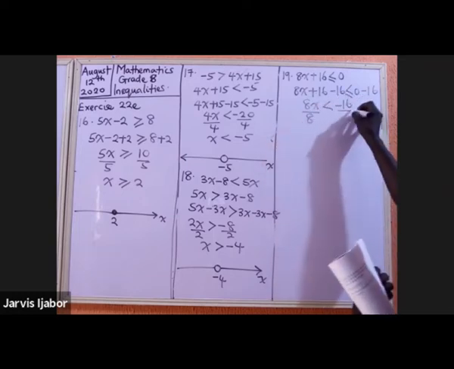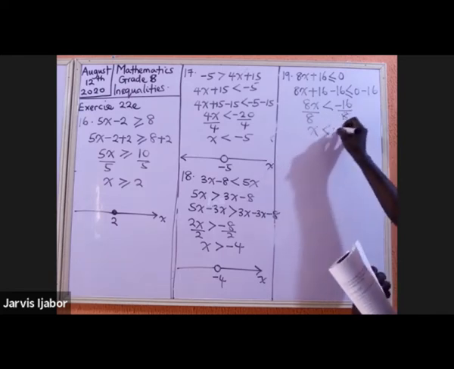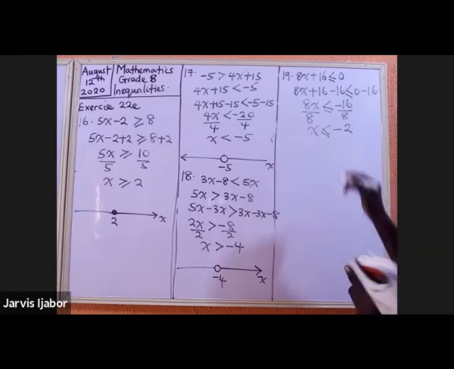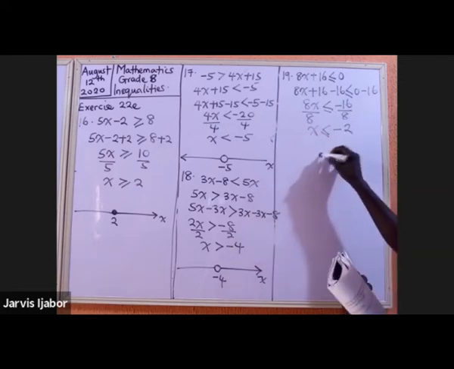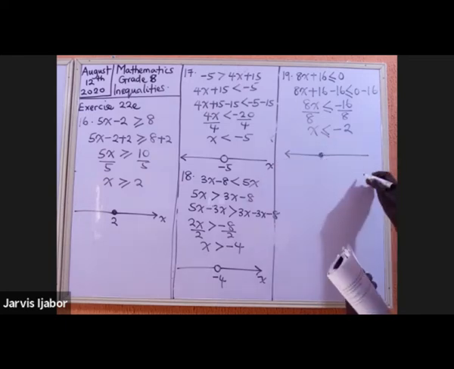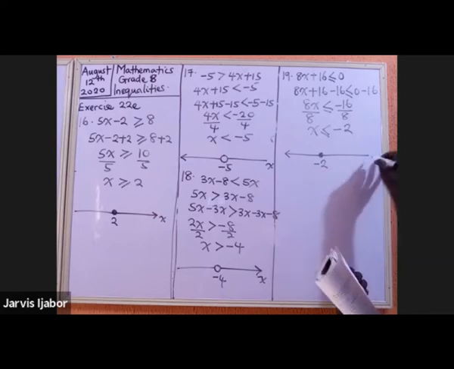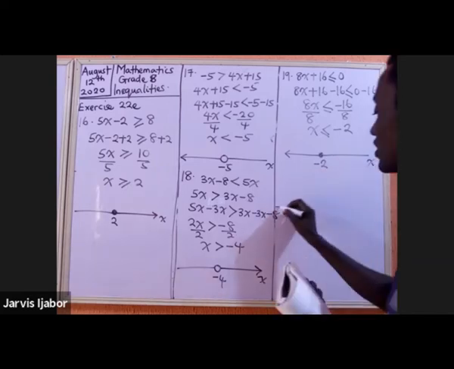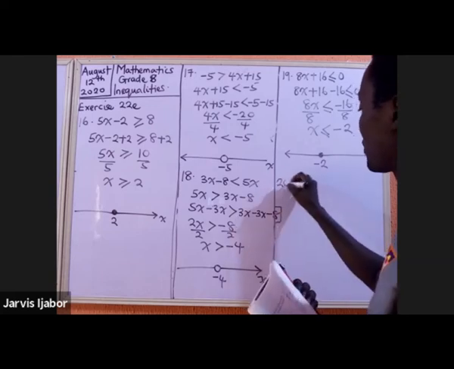Divide both sides by 8, and x will be less than or equal to -2, sorry about that. So it means the bubble has to be colored, facing the left of -2 in x. So you see that these things are very, very simple.